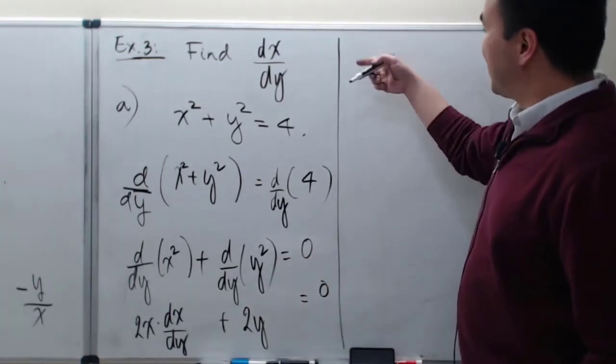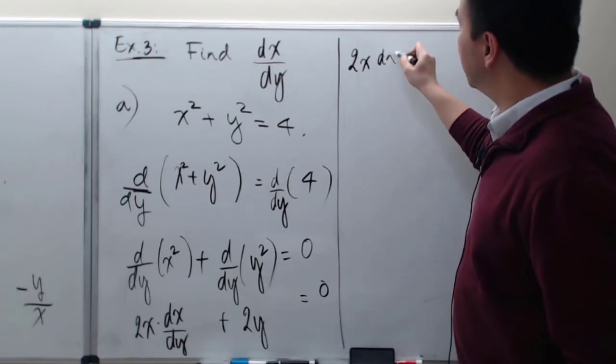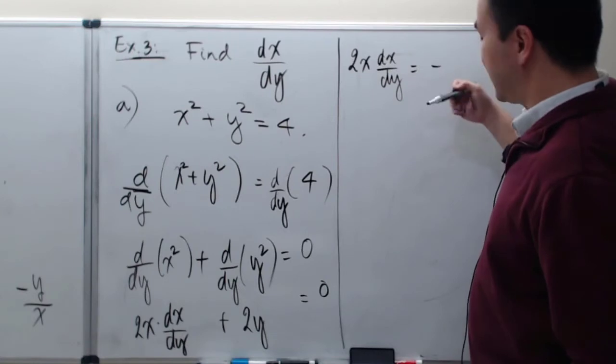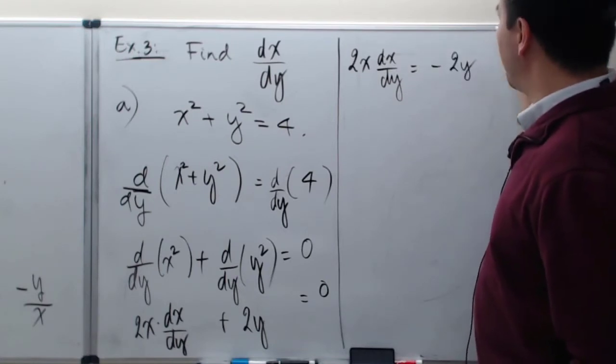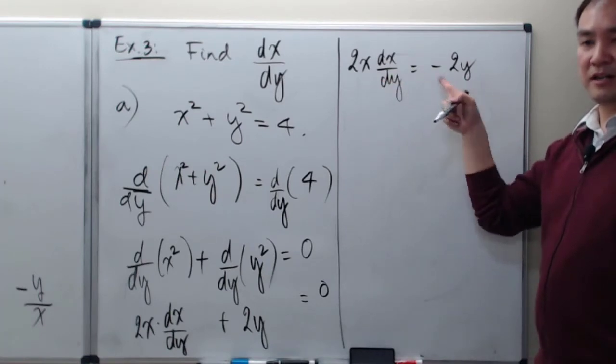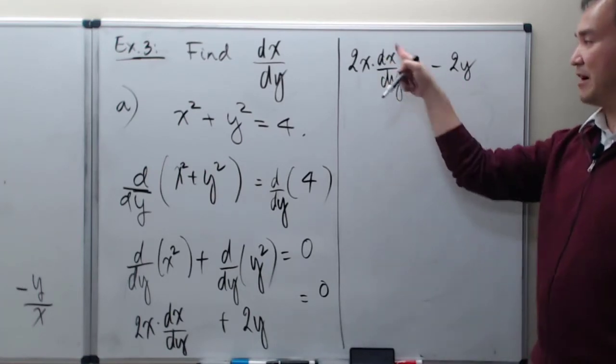So in my next step, I'm producing 2x times dx/dy equals negative 2y. Now I'm going to divide both sides by 2x, the factor with dx/dy that came out from the chain rule.